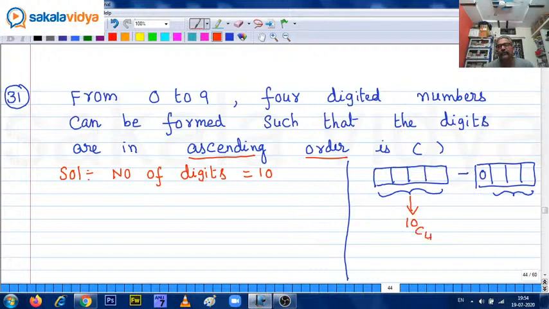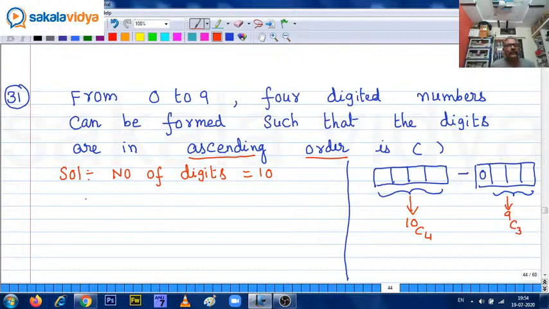10C4 ways. We need not rearrange them. But out of 10C4, there may be 4-digit numbers that begin with 0 also. They are not 4-digit numbers. They are actually 3-digit, so they need to be subtracted from 10C4. Remaining numbers are 9 places, 3 selections, 9C3.